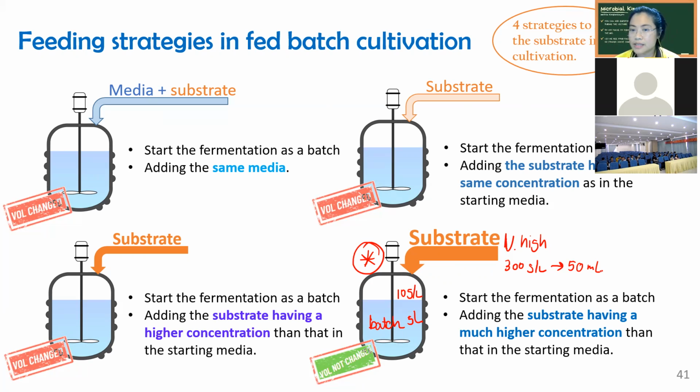However, doing this, you have to have a very good control of the flow, okay? So there are some other variations that have been used in fed batch cultivation as well, and we are looking at those three now.